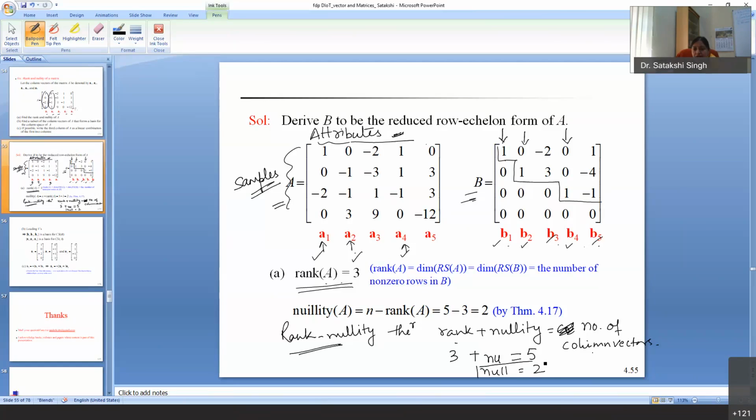That means there are two vectors which are not useful for us because they are linear combinations of the other three linearly independent vectors. So this is how you find out the rank and nullity, and this is how the rank and nullity is useful for the data science people.